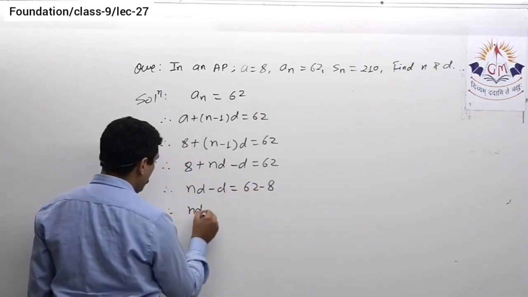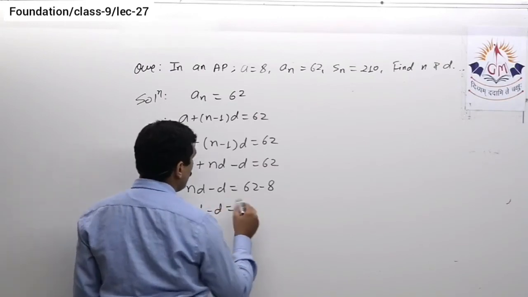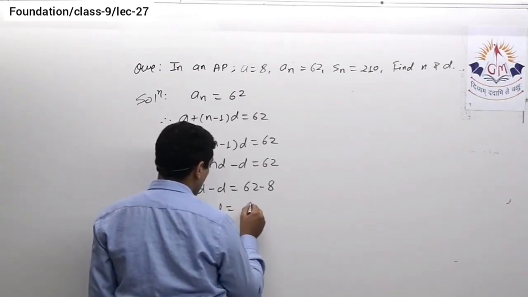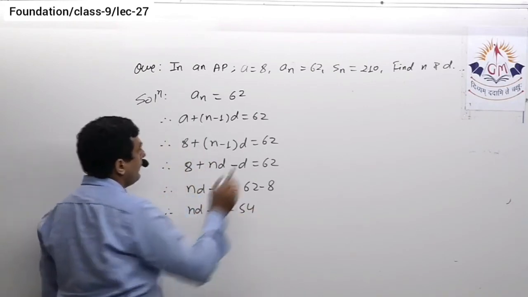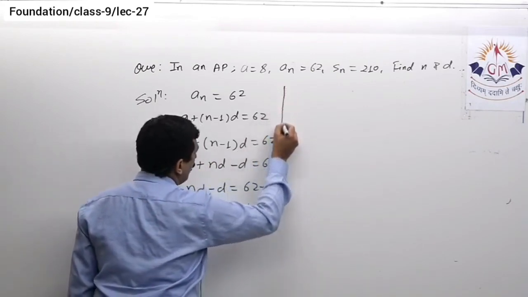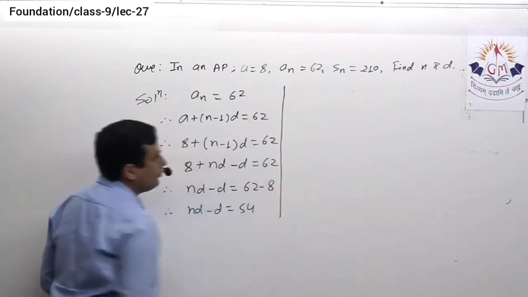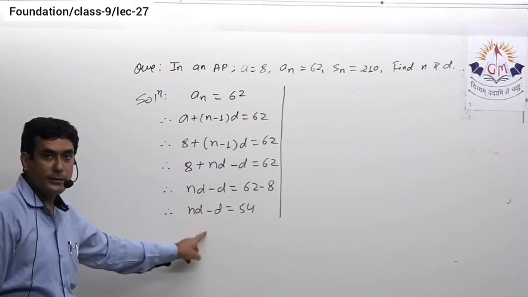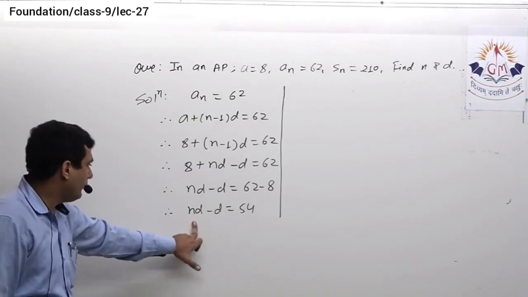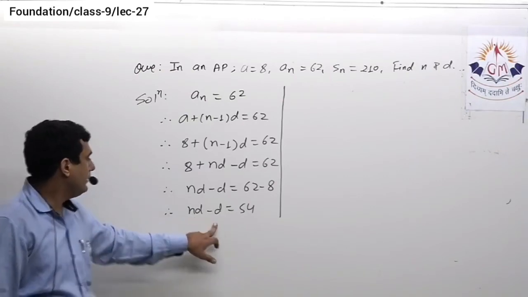Therefore nd minus d is equal to 54. Okay, so this is the first relation between n and d. As there are two variables that we have to obtain, definitely we should have two relations between those two variables. So here is the first relation, nd minus d.